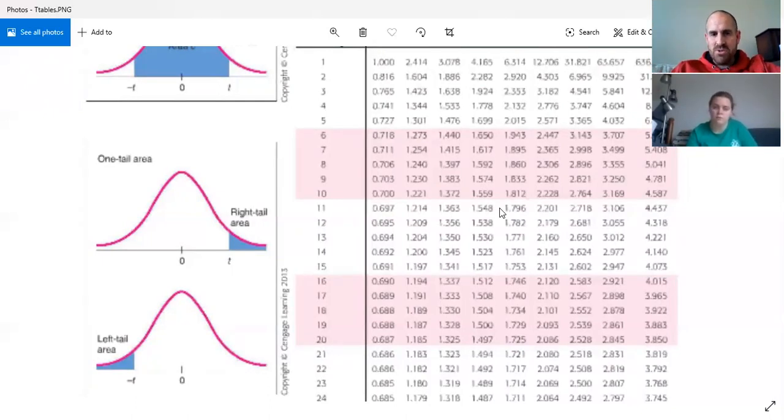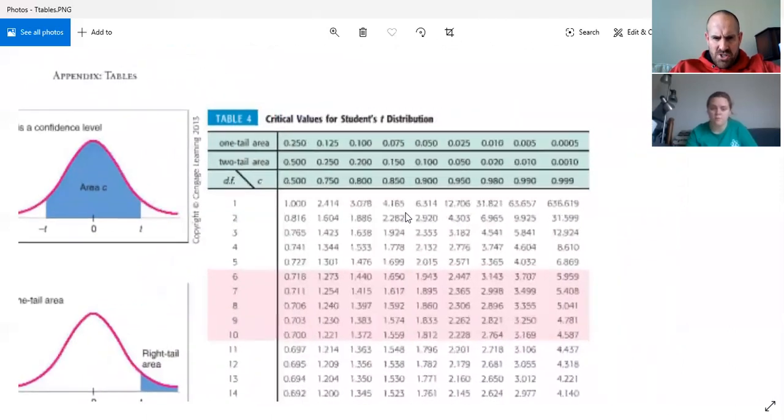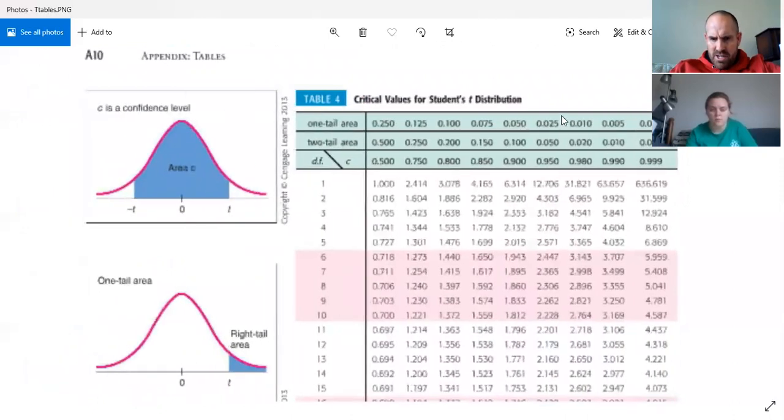You just have to be flexible. So in that case, you would say 2.5%. Which column do I want? This one right here, 0.02. And by the way, it even helps you out and says, if you have 2.5% in the one tail, what percent do you have in both tails? 5%.